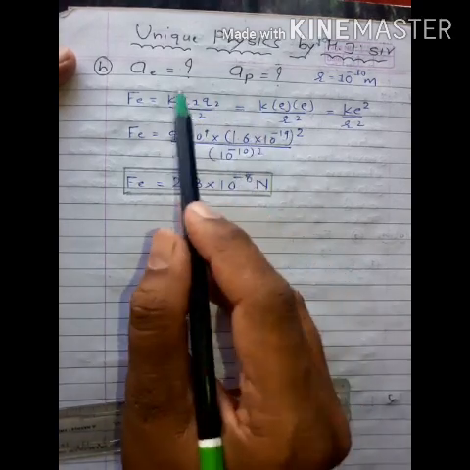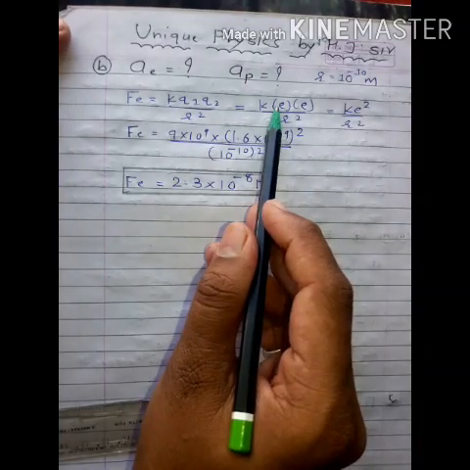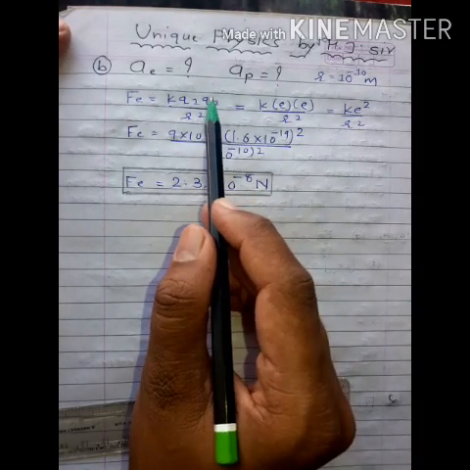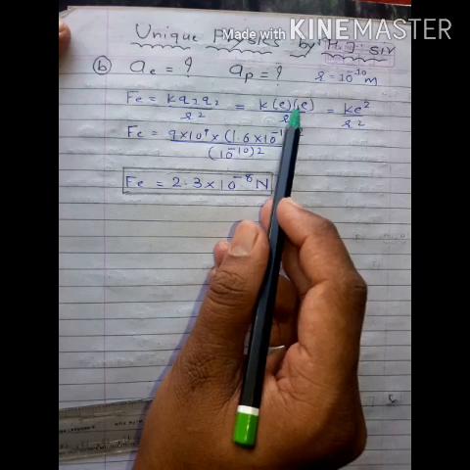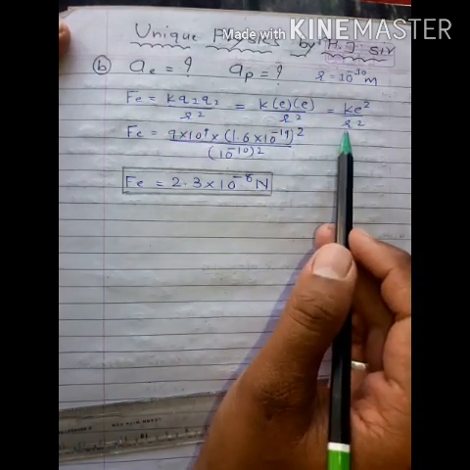K as it is, Q1 means the charge of the electron, denoted by e, and Q2, the charge of the proton, is also denoted by e, upon R square. So our equation becomes K e square upon R square.